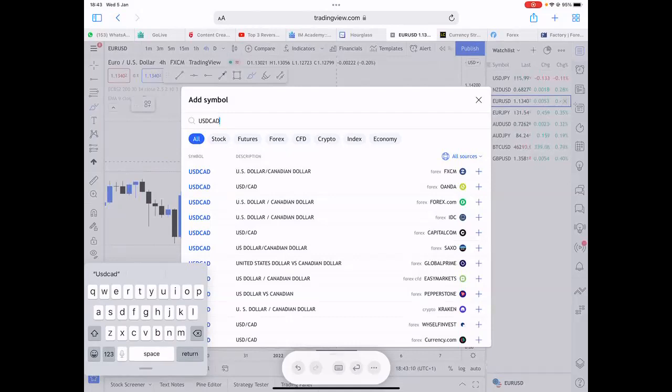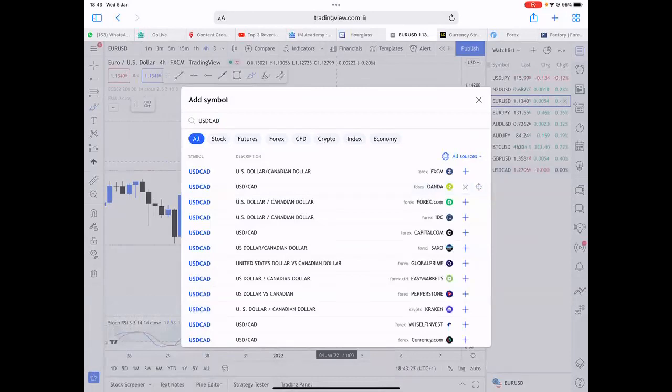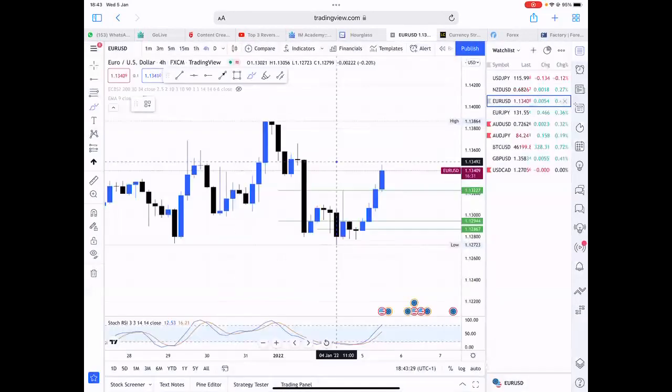Oanda works with HFX. If you pick any other thing, that's DCX or probably Forex and other brokers and other sources, and you might be surprised because your chart is not aligning with other people's charts. So click on Oanda. Once you click on Oanda, click on cancel, and you see your USD CAD will pop up.